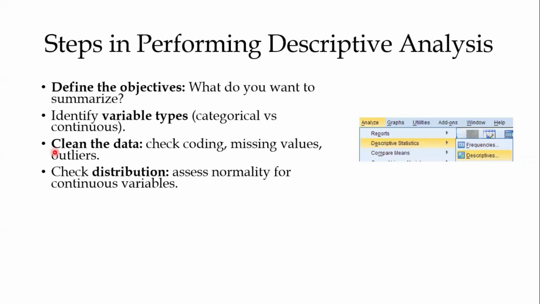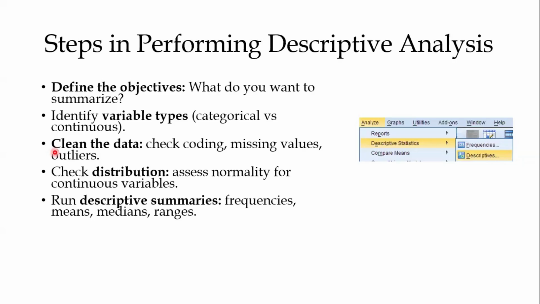If that data is normally distributed, then you will present them as means and standard deviation. If that data is not normally distributed, then perhaps the best way to present is by calculating the medians with interquartile range. So therefore, checking the distribution of data is very important.